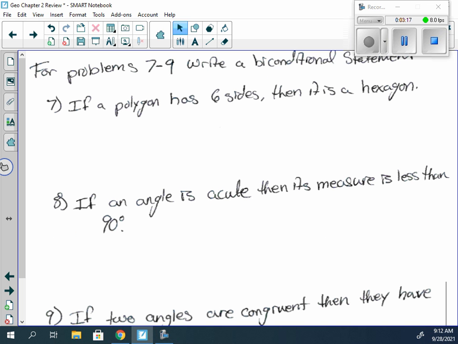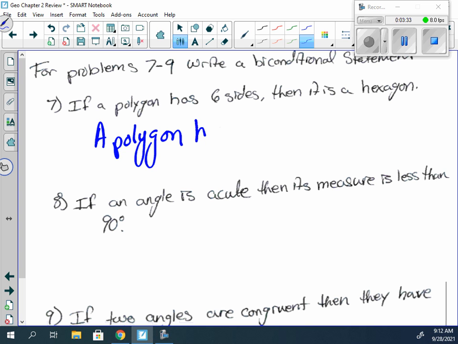Questions on 7 through 9. Biconditional statement. So these work both ways. If a polygon has 6 sides, then it is a hexagon. So we can say a polygon has 6 sides, if and only if. What did the answer key say?